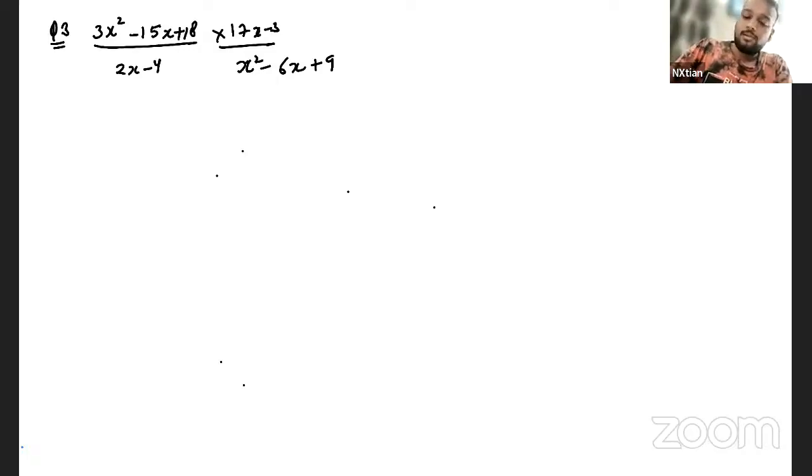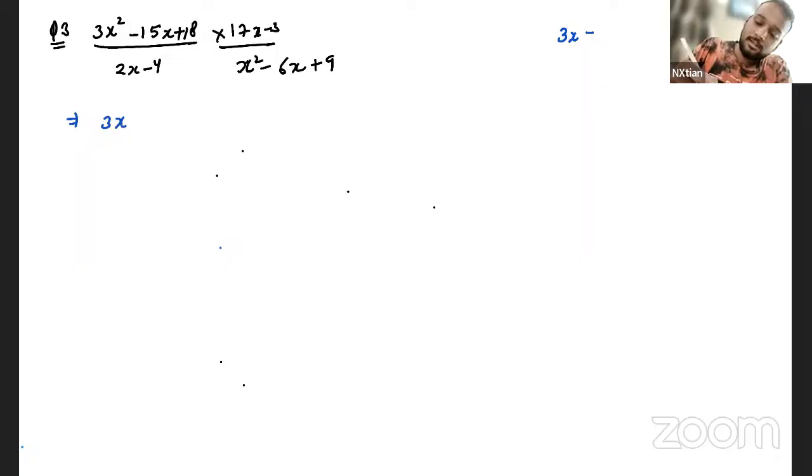Now, what factor did you get? Mine is 3x minus 9 into x minus 2 upon 2x minus 4 into 17x plus 3 upon x minus 3.